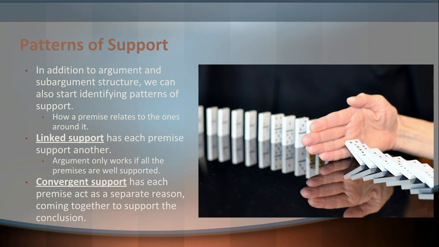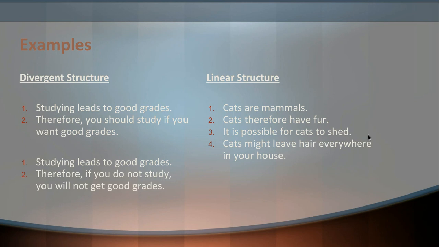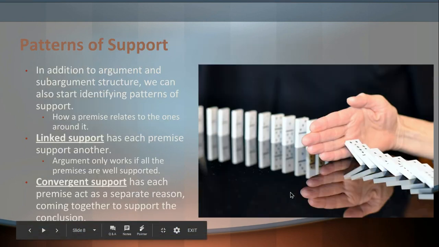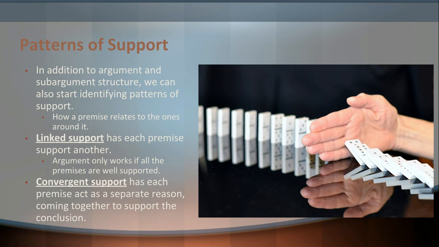Now, convergent support patterns are a bit different. They're an entirely different way of organizing the dominoes so that they strike each other, or so that the different premises support the conclusions involved. Here, like I said, we have it to where each one connects in a straight line. If we want to borrow our diagram again, they flow in a straight line from one premise to another. Now, convergent support arguments have independent premises, totally separate reasons and bits of evidence coming together to support the conclusion.